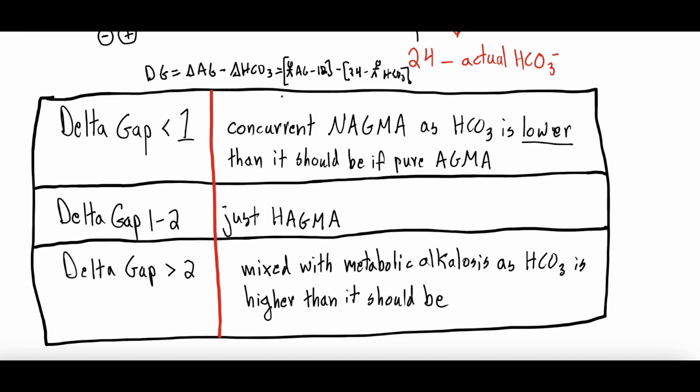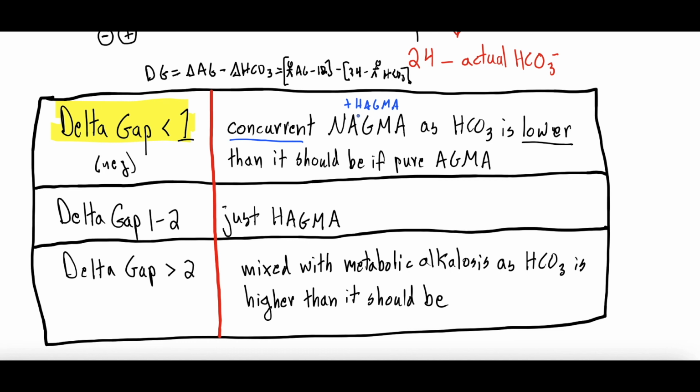All right? So if the delta gap is less than 1, which means even if it is negative, what that is telling you is that there's a concurrent non-anion gap metabolic acidosis in addition to the high anion gap metabolic acidosis, right? Because you only do the delta-delta if it is a high anion gap metabolic acidosis.